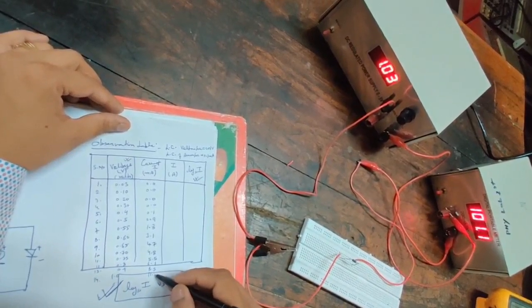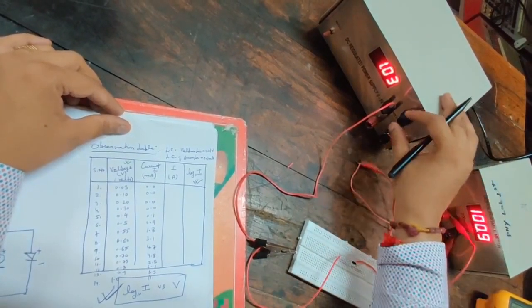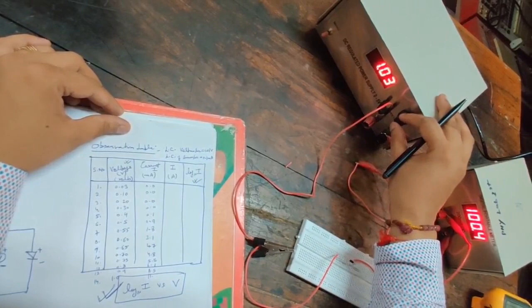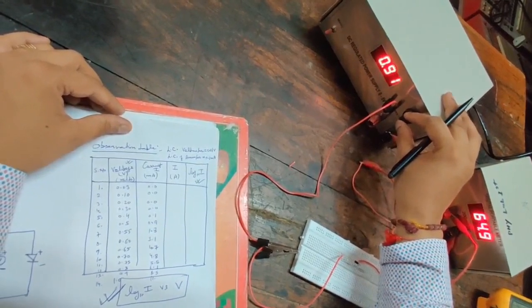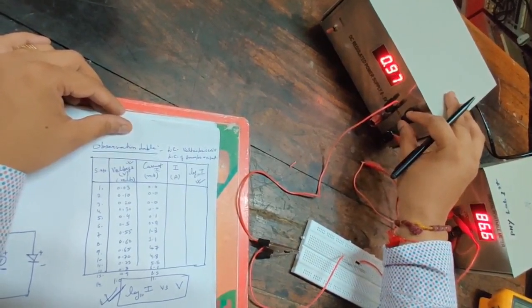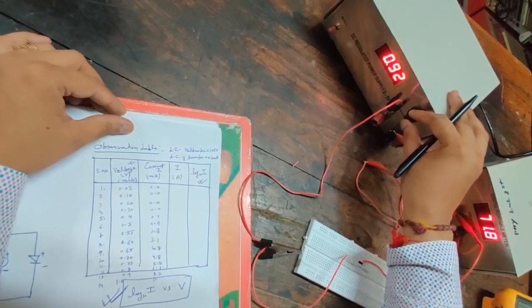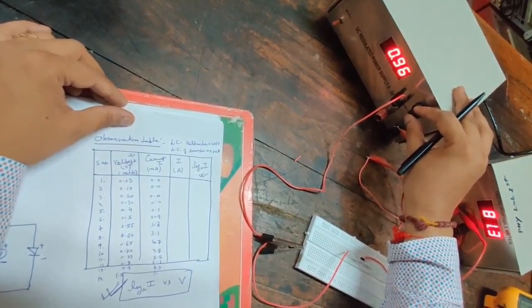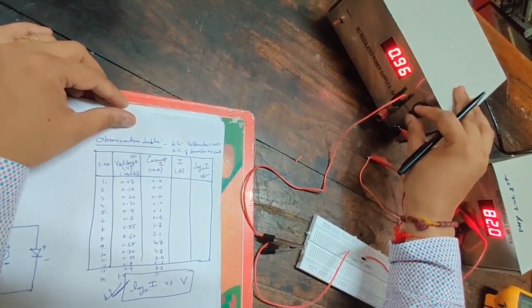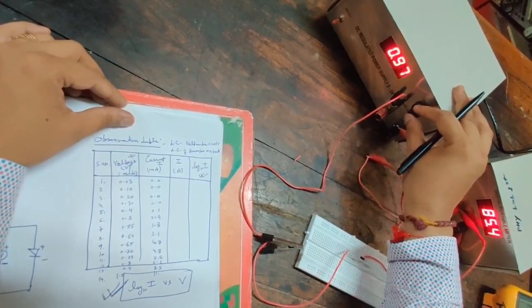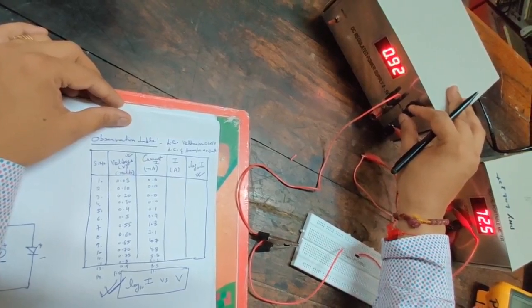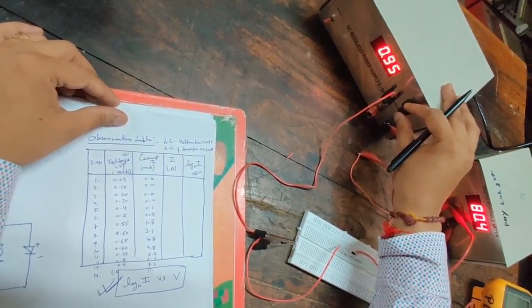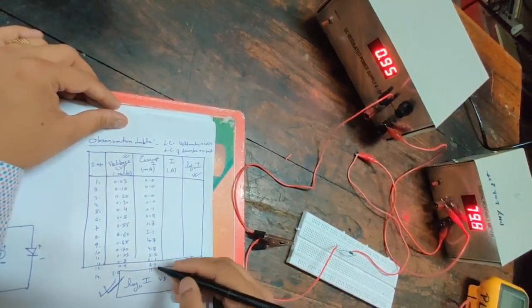It is coming around that at 1. That is what I want to show you. You can see here at 0.95 it is coming around 80.